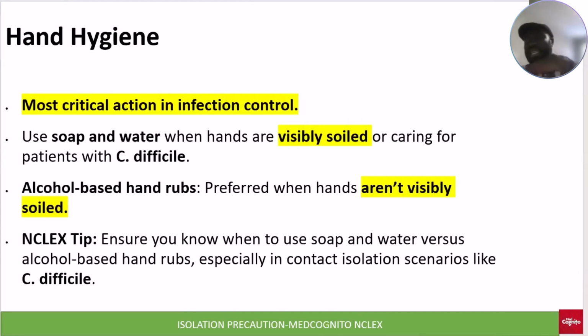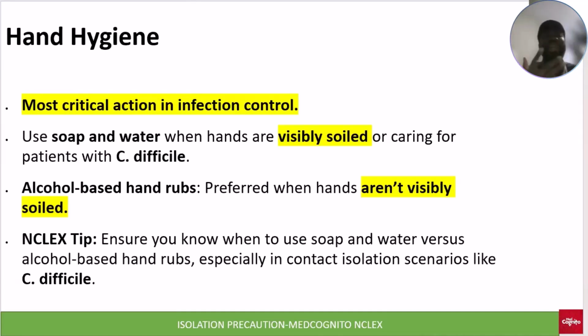So, hand hygiene. Let's take our time and talk about hand hygiene under standard precautions. If there is any precaution for isolation and for infection prevention, the most important, the most critical action you need to know is hand hygiene.